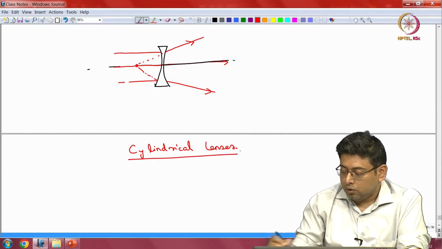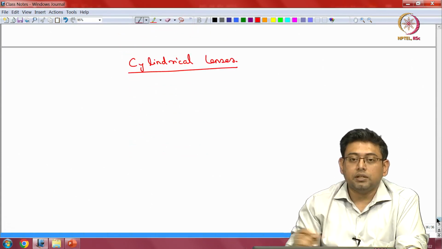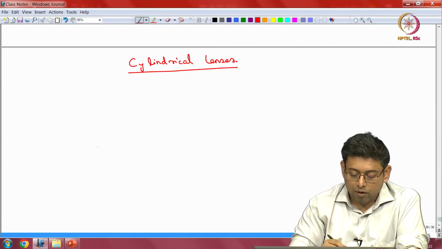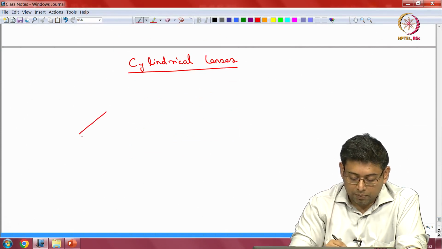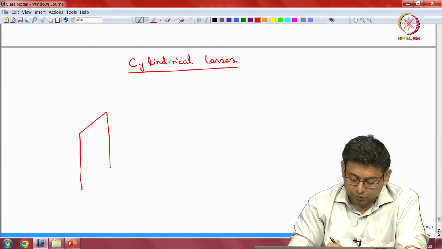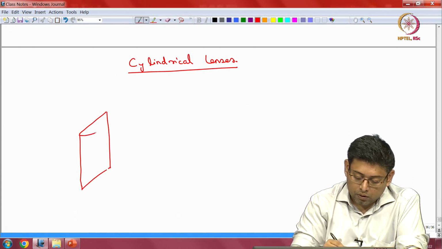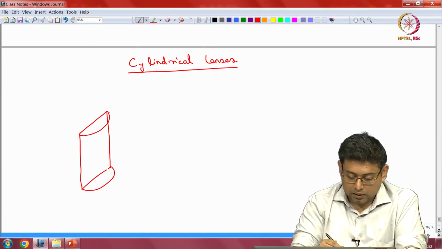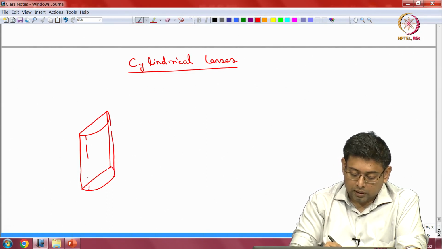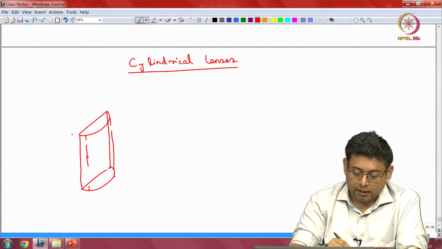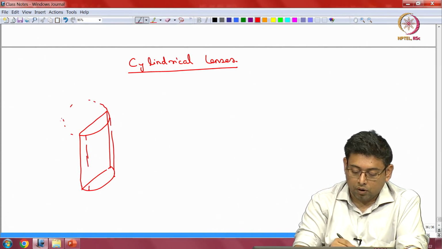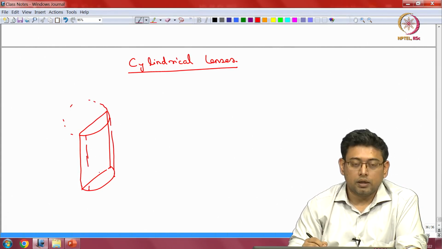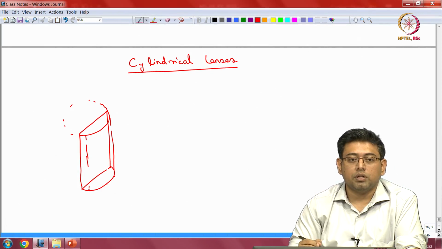Now in cylindrical lenses, as the name suggests, the lens is actually part of a cylinder. So for example, this could be a cylindrical lens. You can see that if I had extended this further, this would have been a sort of cylinder right here, but what you are doing is using part of a cylinder.